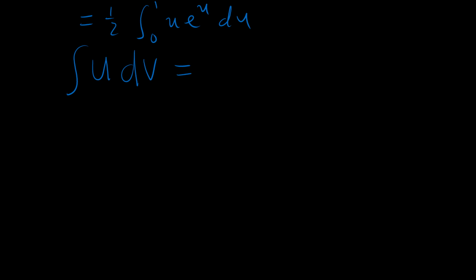So if we rewrite our problem as half the integral from u equals 0 to 1 of u times e to the power u du, we can use integration by parts, where if you have a product of capital U dV, that's the same as UV minus the integral of the product of V and dU.